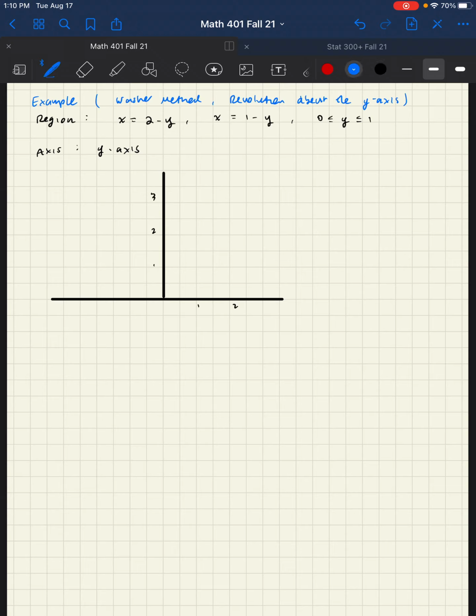Here's 1, here's 2, 3. One of them should look like this. The other one should look like this. So the region in between those two is what we're going to focus on. So the rotation about the y-axis means we get something that looks roughly like that. So it is going to open up with a gap here.